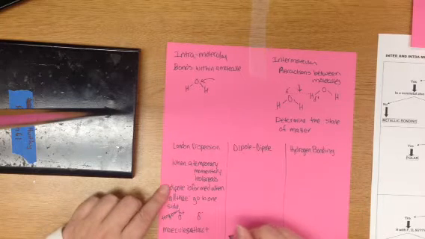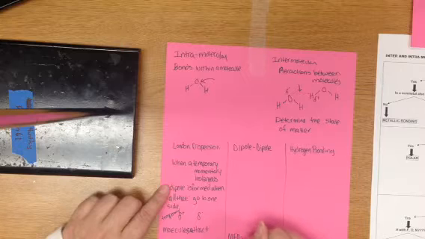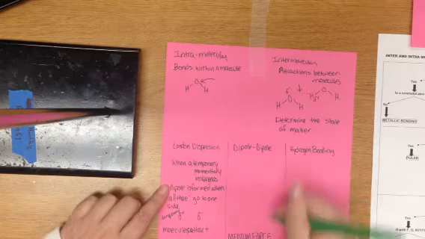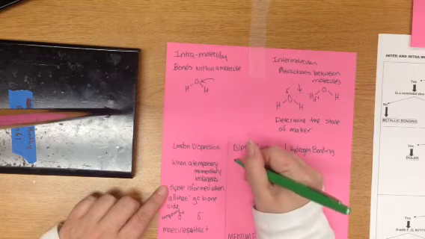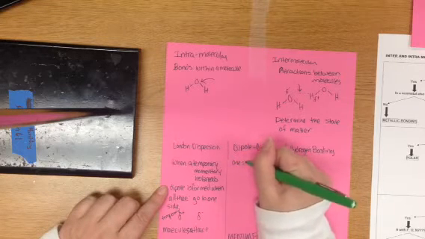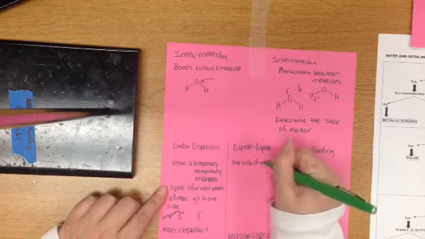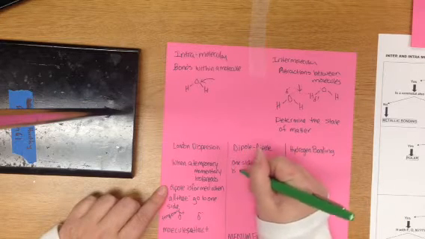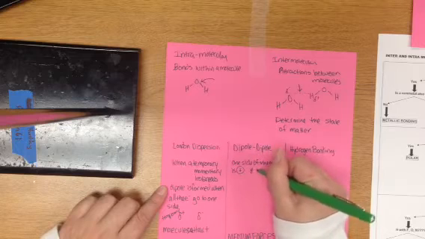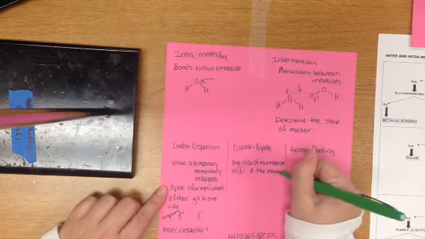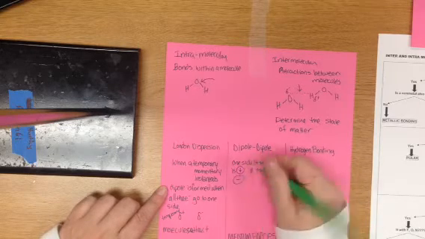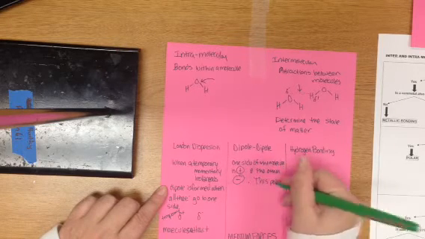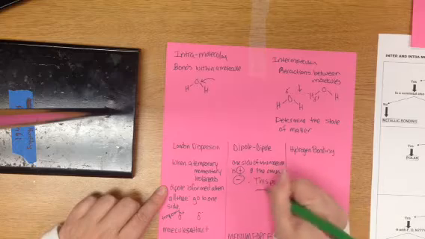Now, dipole-dipole, they're the medium forces. And all the dipole-dipole is, is that one side of the molecule is positive, naturally, and the other is negative. This happens in polar molecules. This is polar.